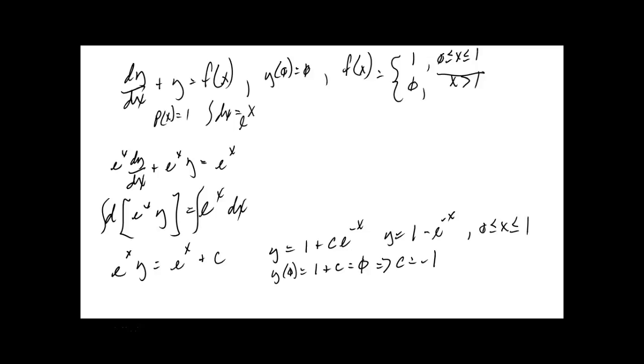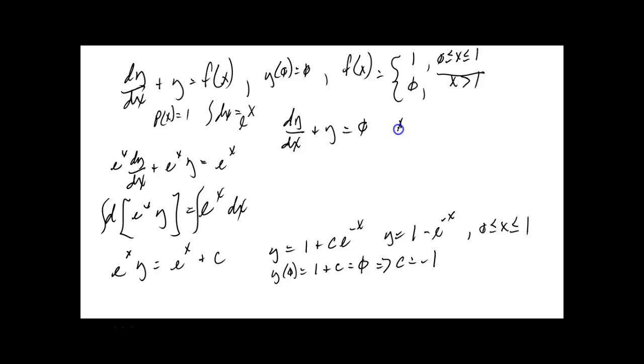But we need to go back and do the second part, and the second part is the 0 in there, not 1. So that is dy dx plus y is equal to 0.